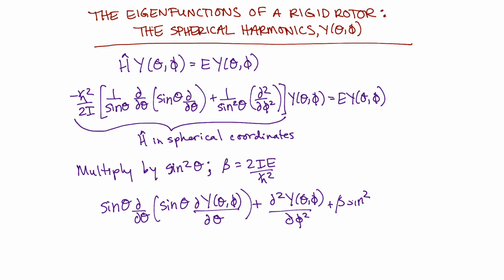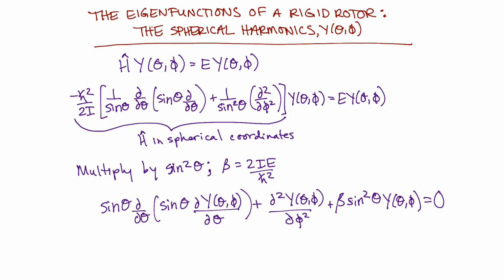That's beta sine squared theta Y, and everything equals 0. So we've modified our expression by putting all of our constants into this beta term, multiplying by sine squared theta, and rearranging so that everything is on the left-hand side of the equation.